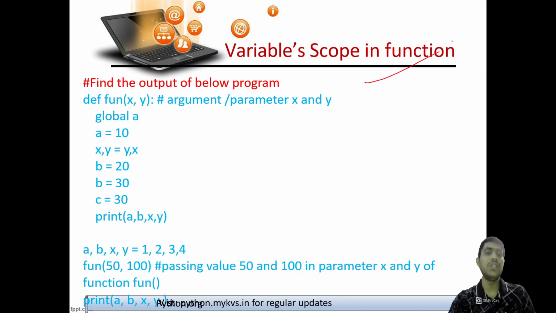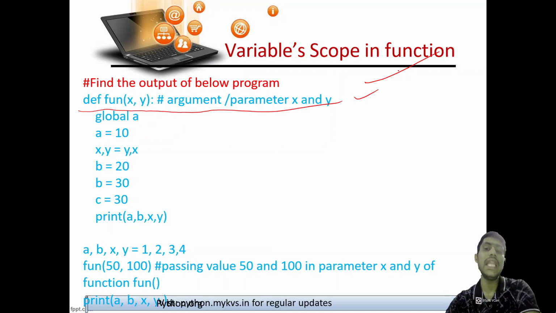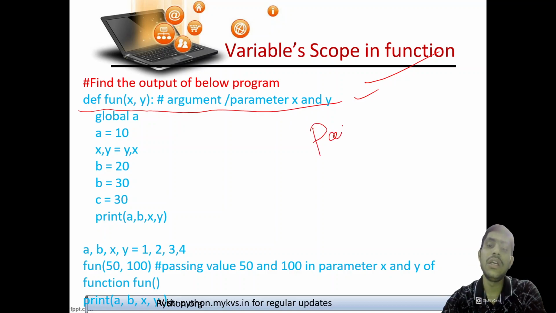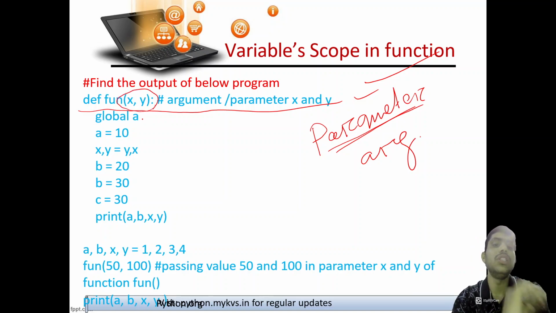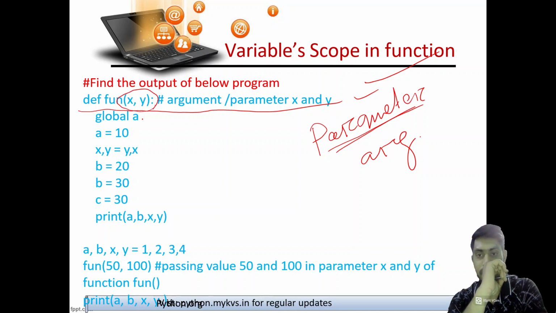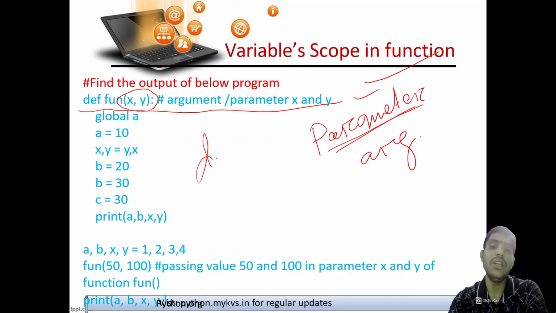Variable scope in function, you can see. Okay. Another thing you very much know about is parameter and argument. So what is the parameter here? Parameter is the value you are passing through the function. Suppose I write here def function x comma y.